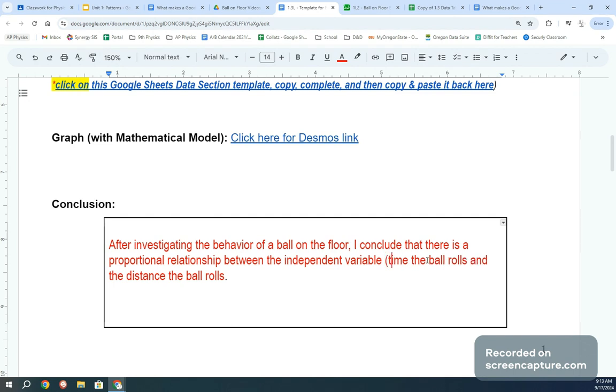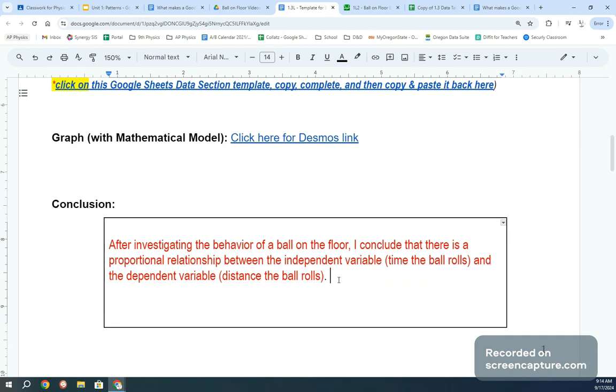So I would say that this would actually be our best bet, if we had something like this: I conclude that there is a proportional relationship between the independent variable, the time the ball rolls, let's go ahead and put parentheses around all of that, and the dependent variable. And then again, we can put parentheses around that one.